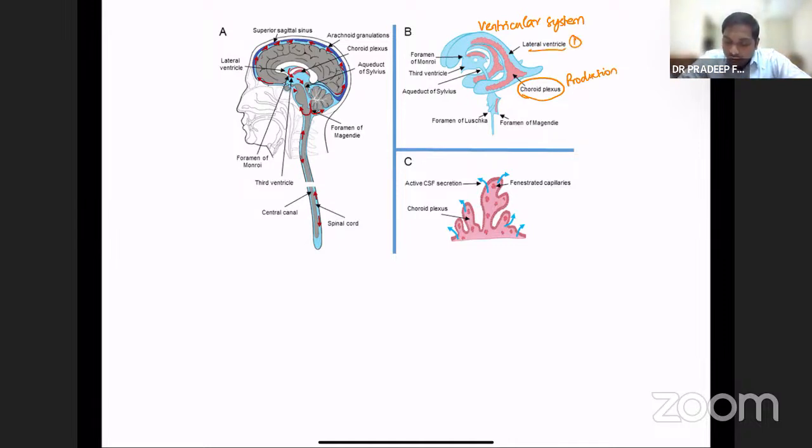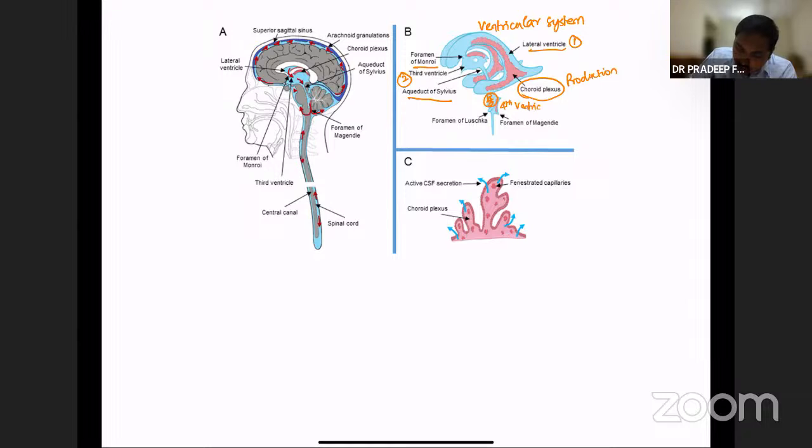From the lateral ventricle, it enters the third ventricle through the foramen of Monro. From the third ventricle, it enters the fourth ventricle through the cerebral aqueduct or aqueduct of Sylvius.